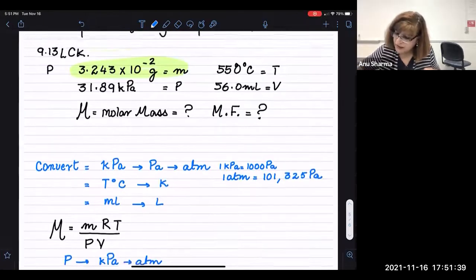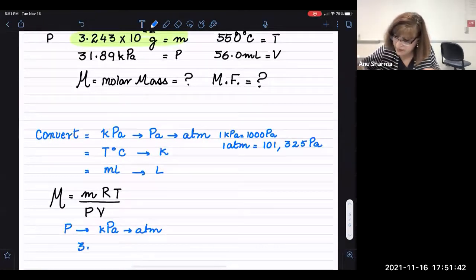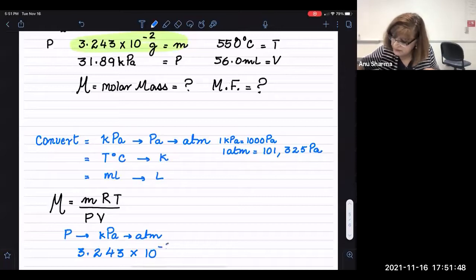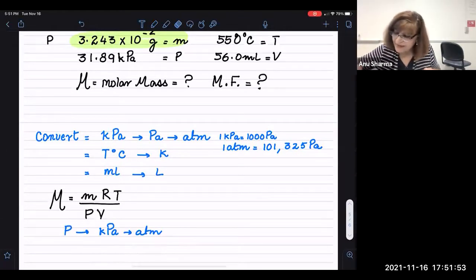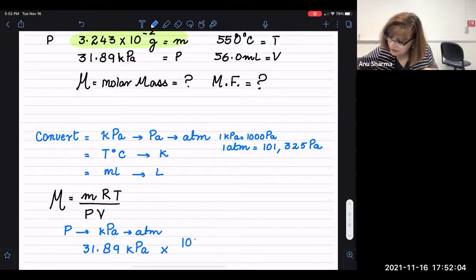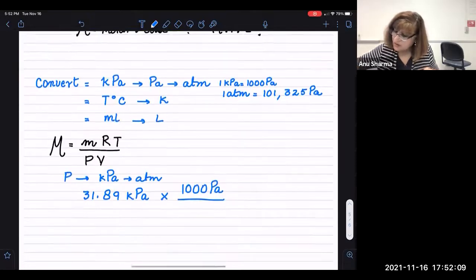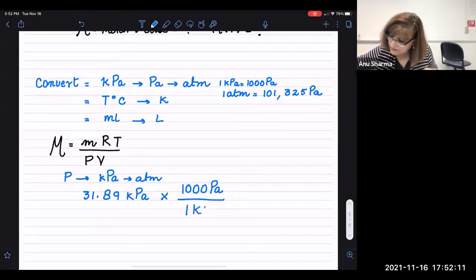Let's do this first. Oh, sorry, what am I writing here? I'm writing the mass, sorry. Okay, go back. 31.89 kilopascal times 1000 pascals over 1 kilopascal.